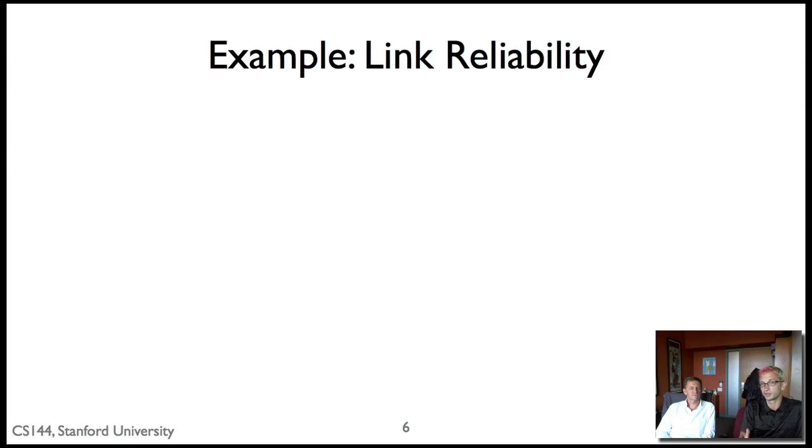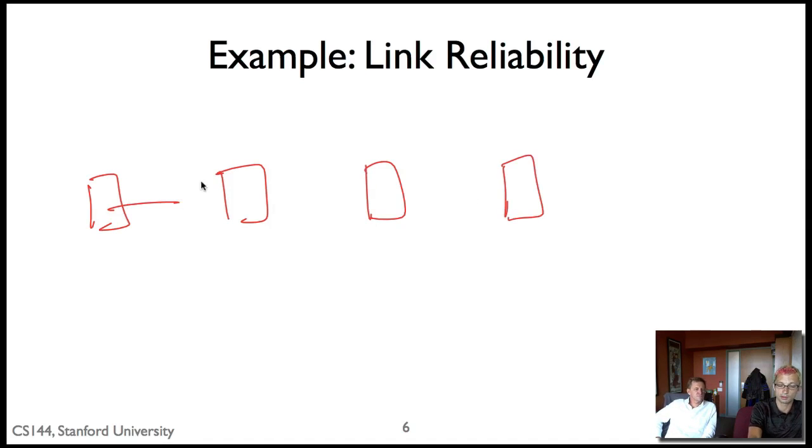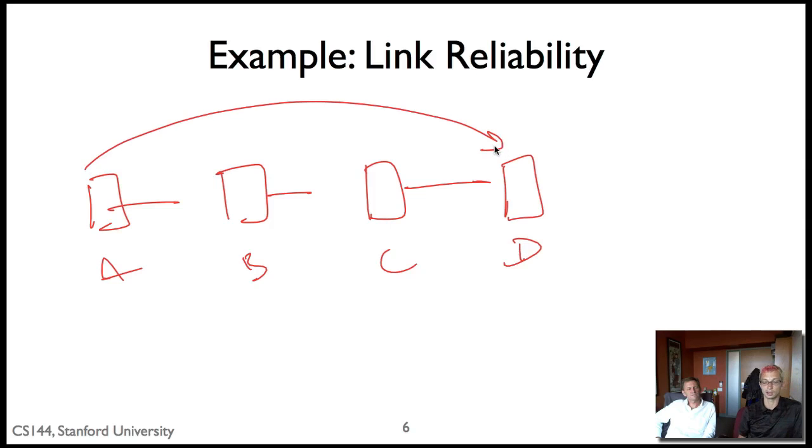And so another example of this, and this relates to the Multics example, is link reliability. So if I have a set of nodes along a route, and here I have 4 nodes, A, B, C, and D, and I want to ensure perfect reliability from A to D. One question you can ask is whether every packet which A sends will arrive at D. One approach is that you could just have each link be perfectly reliable, such that when A sends a packet to B, B sends an acknowledgement.